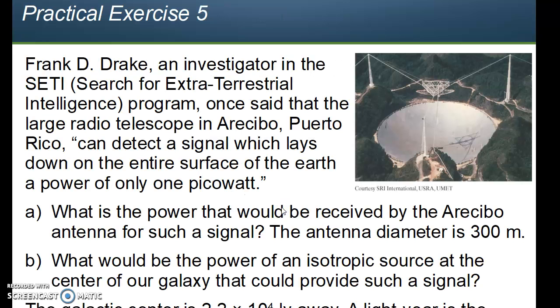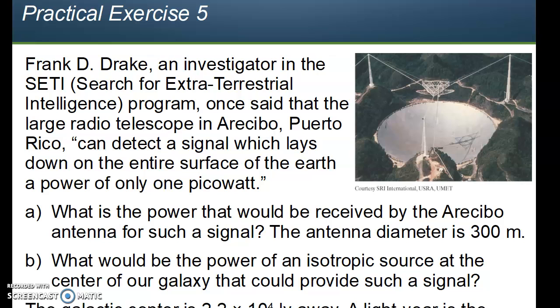The next one, this is practical exercise number 5, and this is problem number 16. So you can see that there's a lot of really good ones that you can do with these equations. Frank D. Drake, an investigator of the SETI, or Search for Extraterrestrial Intelligence program, once said that the Large Radio Telescope in Arecibo, Puerto Rico, can detect a signal which lays down on the entire surface of the Earth of a power of only 1 picowatt.